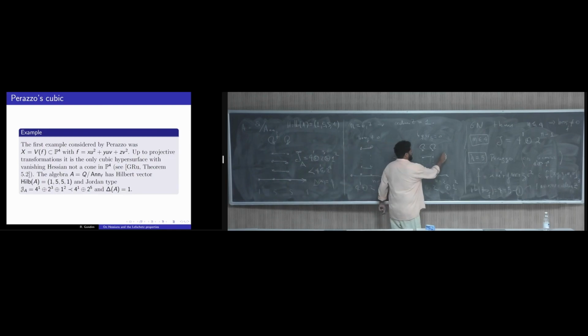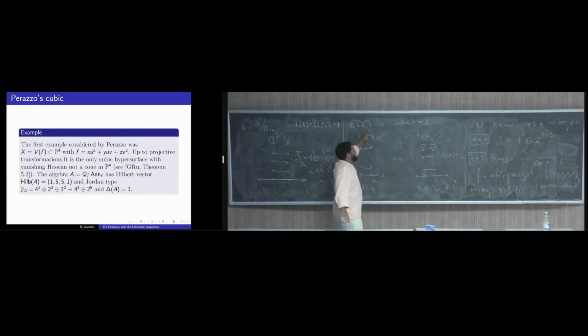Also in this case, delta is 1. But from 8, it starts to have different kinds of forms with vanishing Hessian, whose codimension of the polar image, or equivalently, the corank of the Hessian, grows.